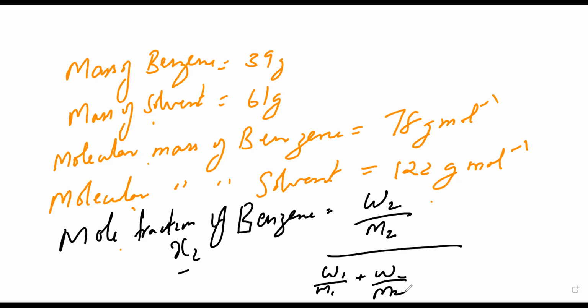So the mass of the solvent is my W1, and the mass of benzene is W2, with M2 and M1 as the molecular masses. If you substitute everything, you'll get the answer. Please substitute and let me know what the answer is.